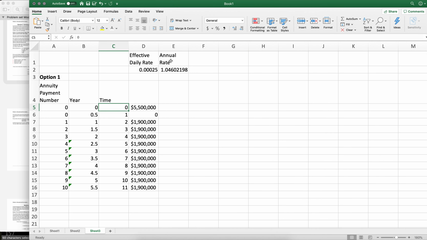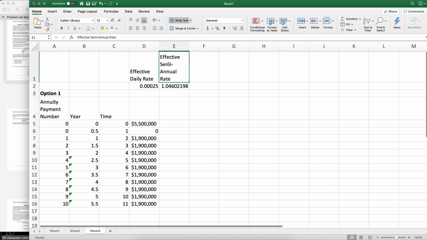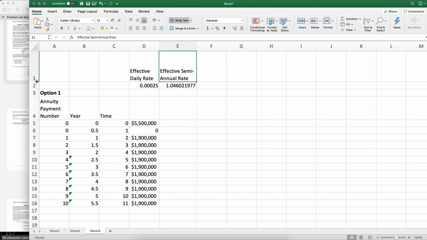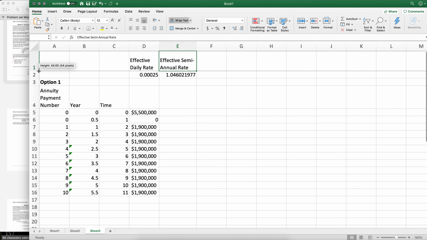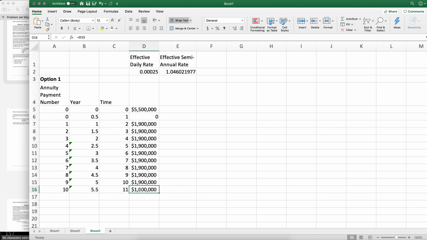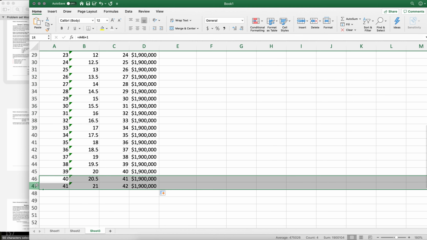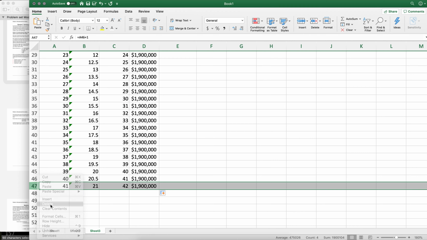We have the annual rate, the effective semi-annual rate, and all we have to do is work backwards now to get the present value, but we have to fill in the correct number of payments. So we need this number on the annuity to equal 40 because there are 40 payments. Oh, look at that, I did it almost perfectly.